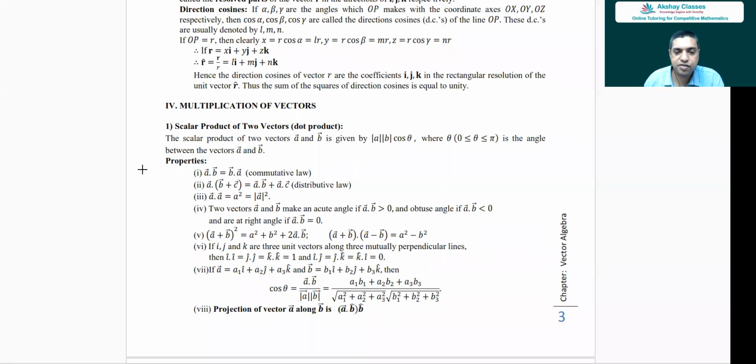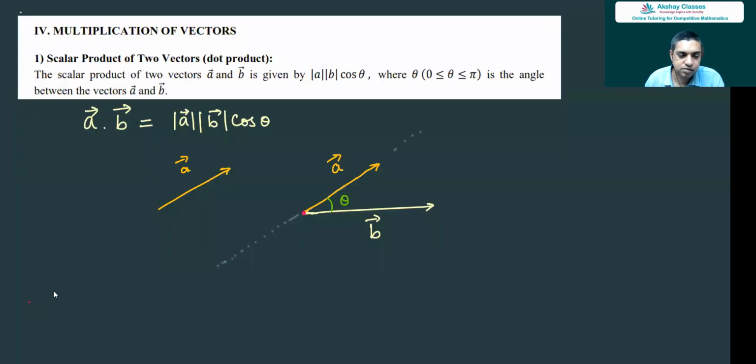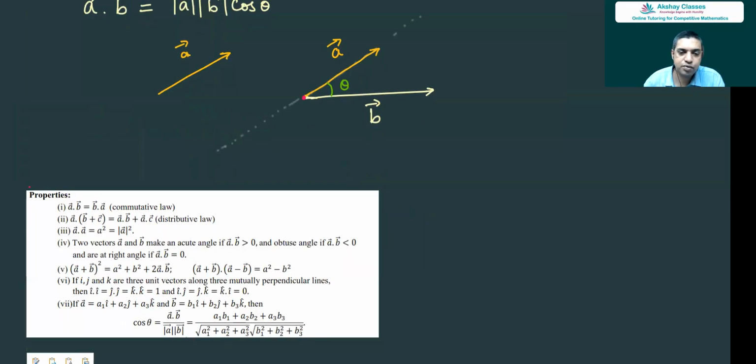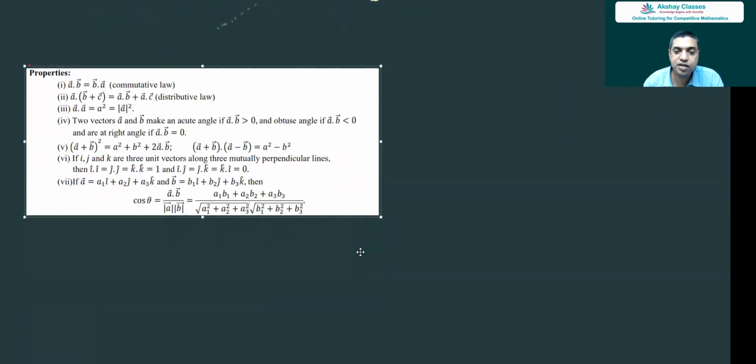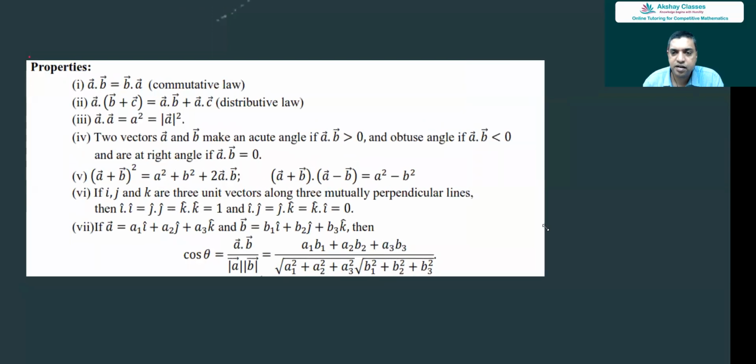Next, the properties of the dot product. These are all reviews, but very important reviews. And interestingly, in GATE, many questions come from the basic vector algebra, not as predominant as from vector calculus, but this basic understanding comes.